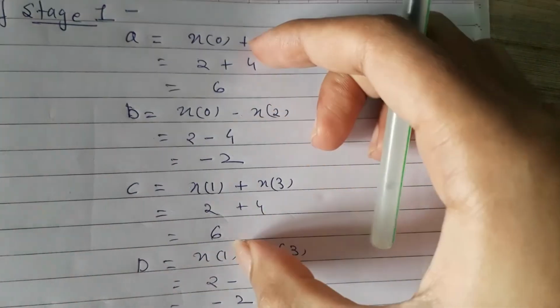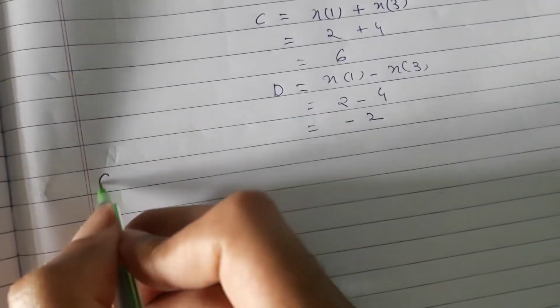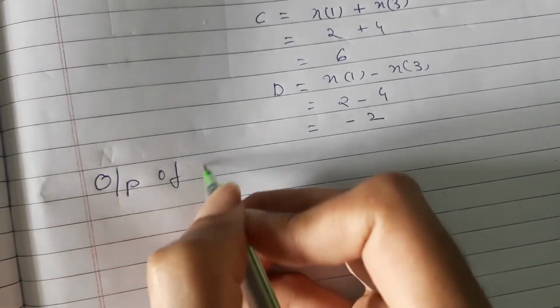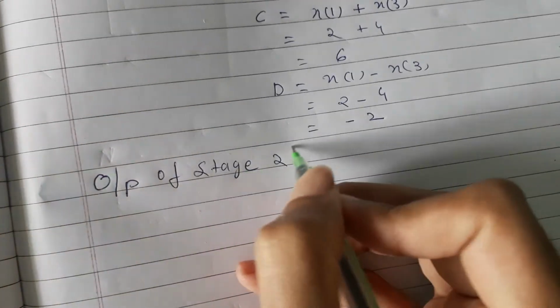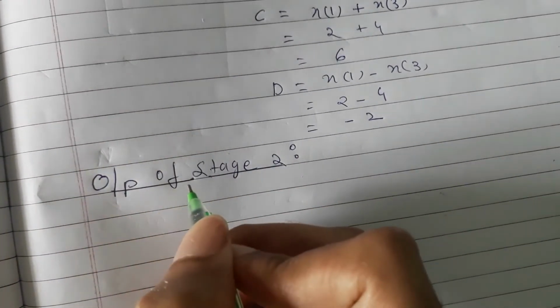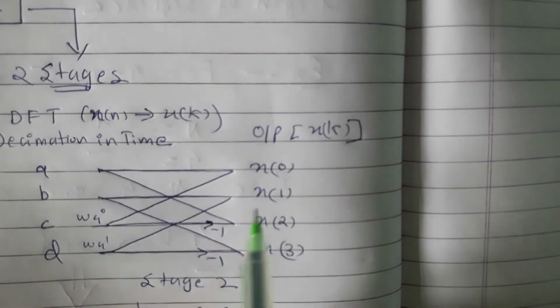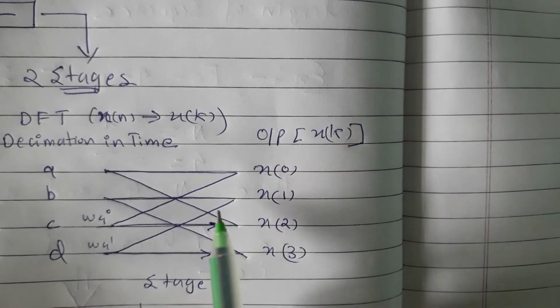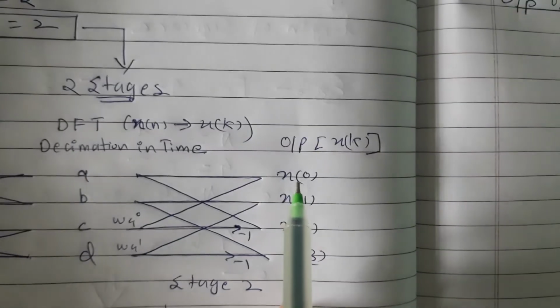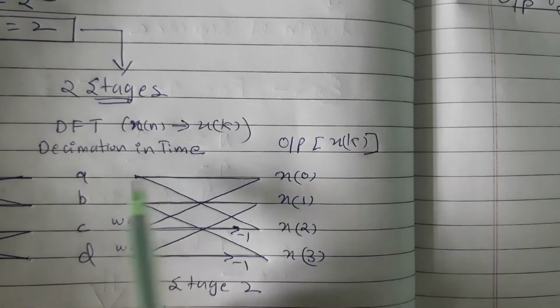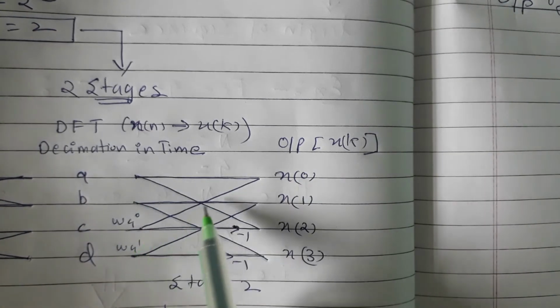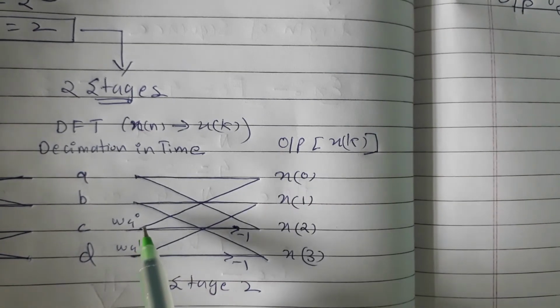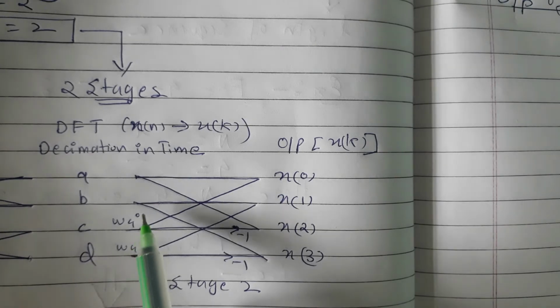With the help of this output we will calculate stage 2 output. So at stage 2 we have x0, x1, x2 and x3. We have to calculate these 4 values. So first of all we will start with X[0]. At X[0] 2 points are coming, A and C, but here W4^0 is also added.